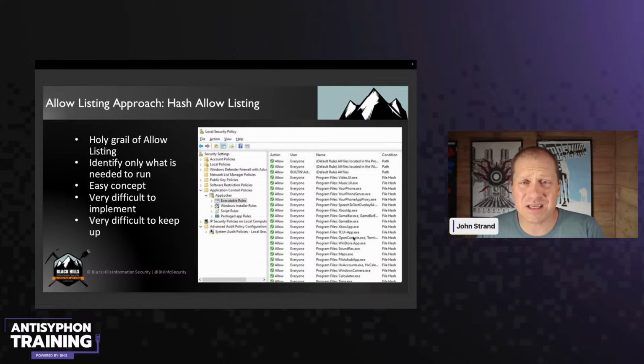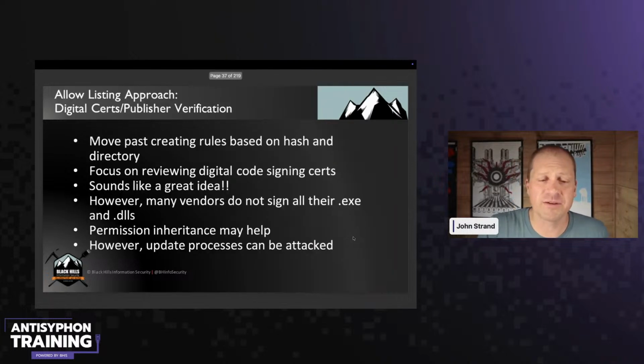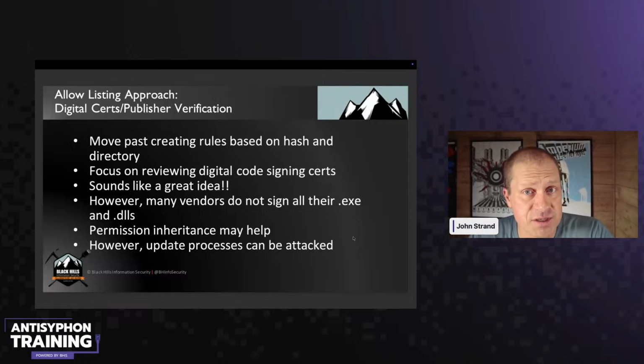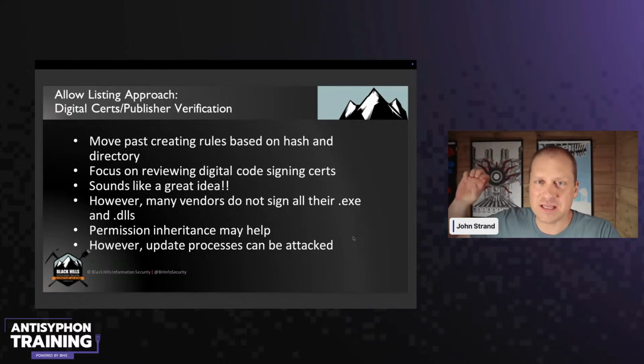Now, this sounds easy, but it's very difficult to implement fully in an environment. Another way you can do this is to establish custom rules so certain publishers are allowed to execute on your system. For example, let's say that something from Oracle, God help us all, has to execute in the downloads directory for every user in your environment. You have this app by a vendor that has to run from the downloads directory.